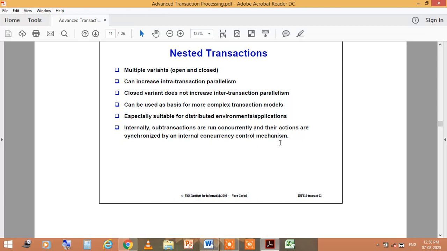Internally, sub transactions are run concurrently and their actions are synchronized by an internal concurrency control mechanism. So these are some nested transactions.